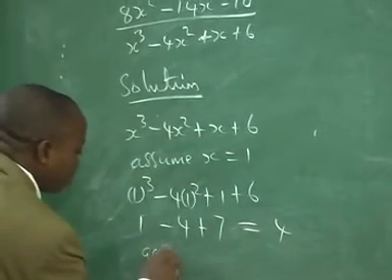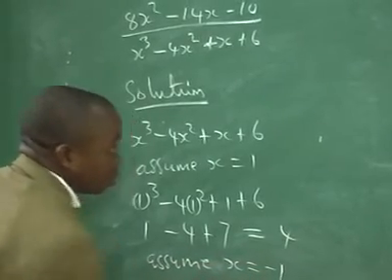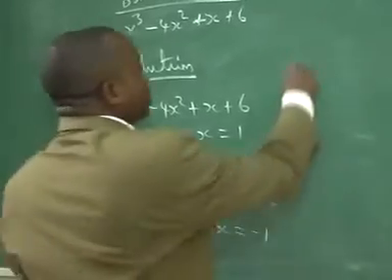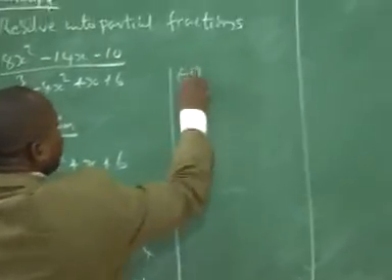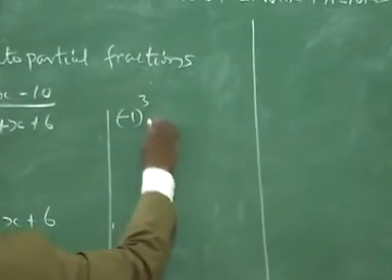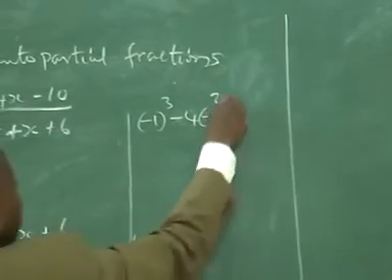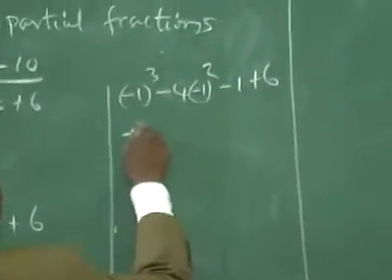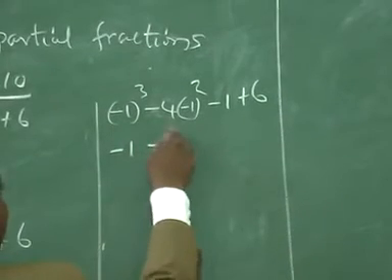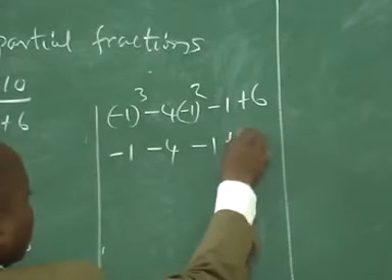I will also assume x is equal to minus 1. If I do that, then I will have minus 1 cube minus 4 times minus 1 squared minus minus 1 plus 6, which will give me minus 1 minus 4 minus 1 plus 6.